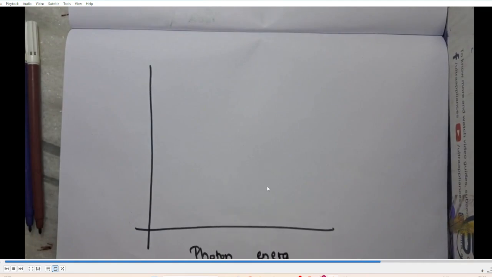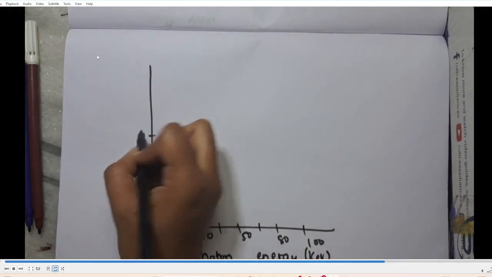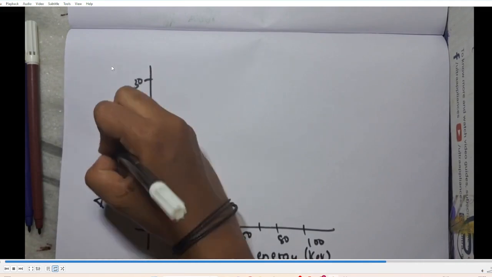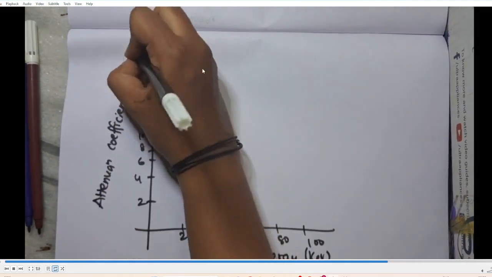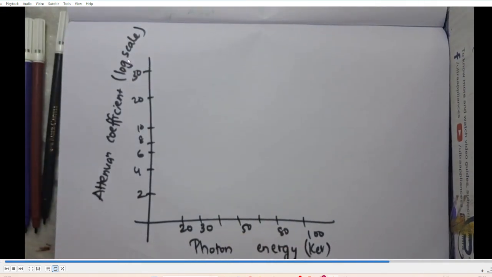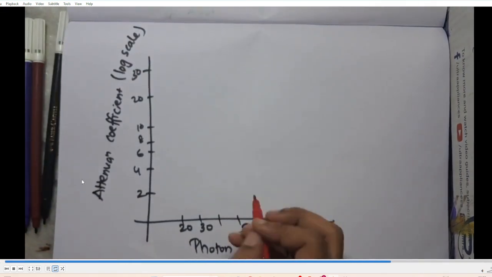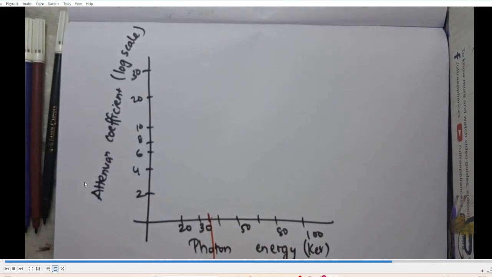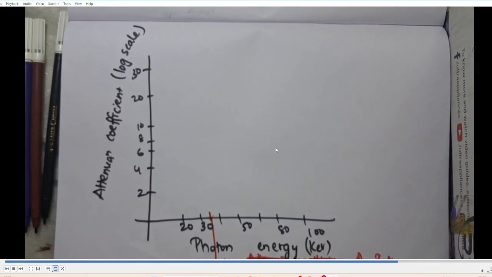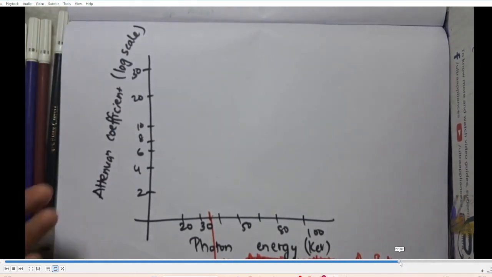We have one more image which shows photon energy on the x-axis and the attenuation coefficient in log scale on the y-axis. So this figure shows the mass attenuation coefficient of iodine compared with holmium. So we have two things, iodine and holmium.